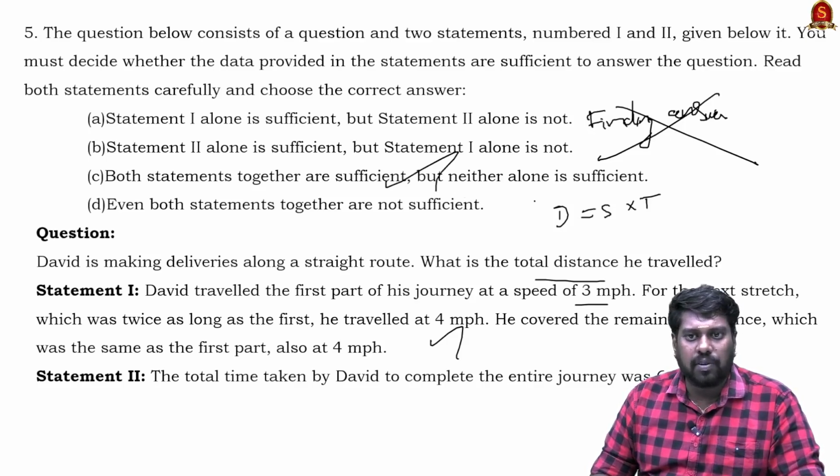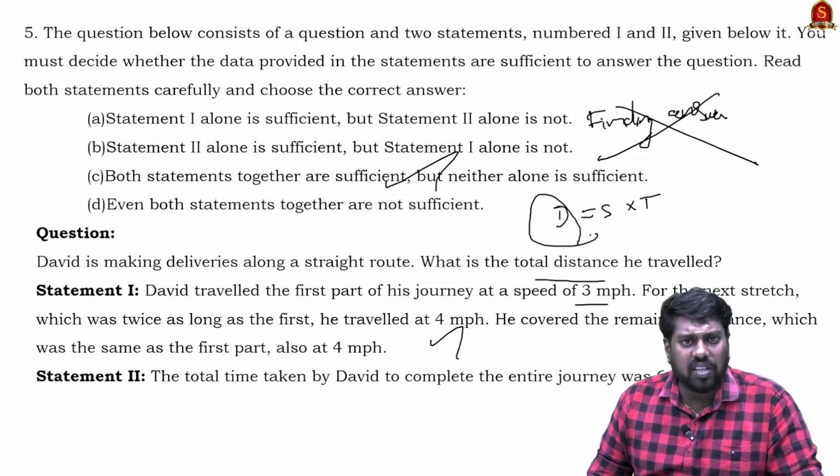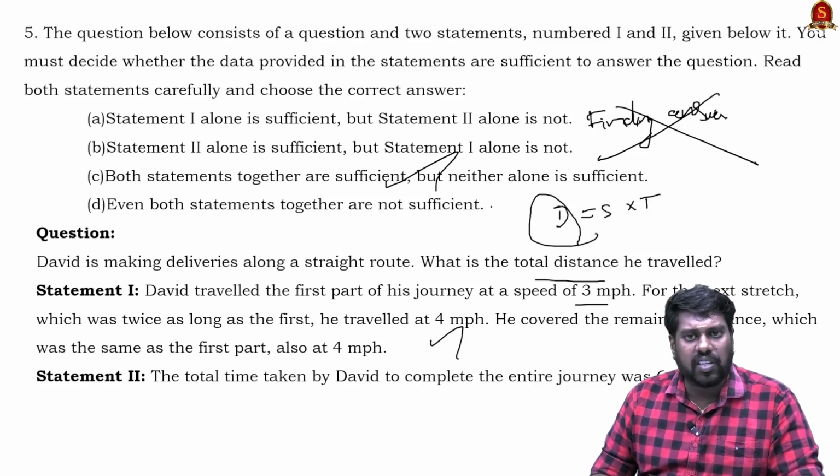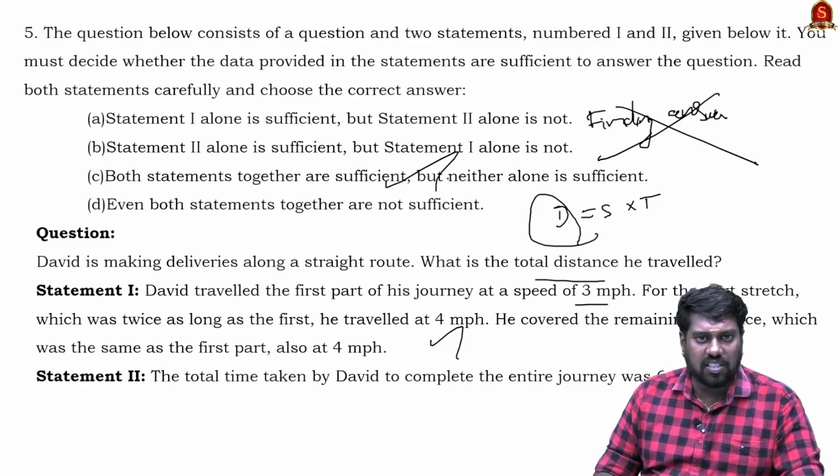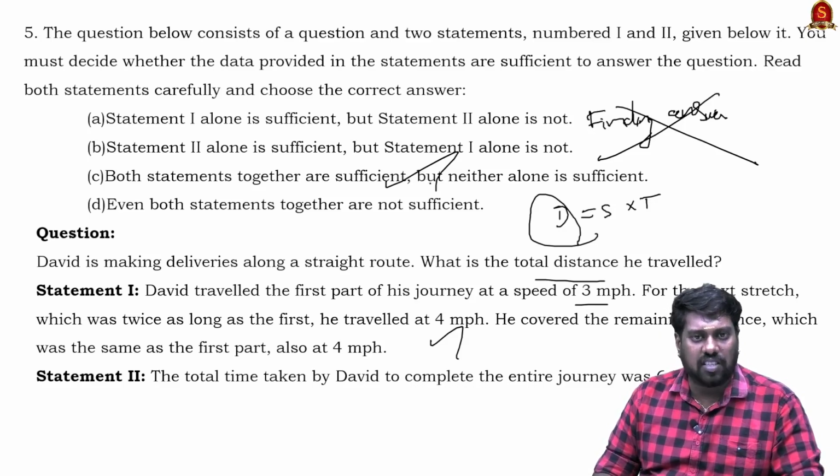Using the speed we can calculate how far he traveled, and using the time which is directly given we can multiply and get the distance asked in the question. Without doing the calculation itself you can directly answer that speed is given, time is given, and distance needs to be calculated. By combining the two statements we are able to arrive at the distance.